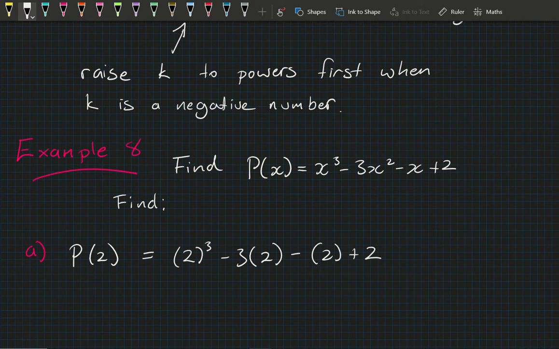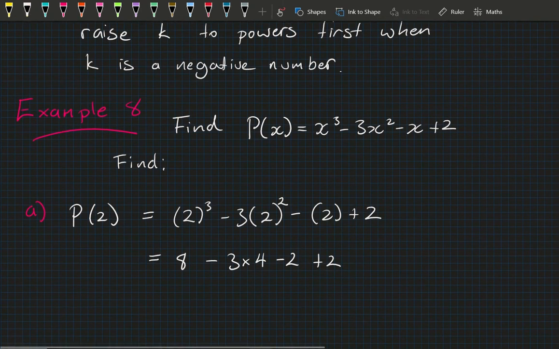So we've now got 8 minus 3 times 4 and a minus 2 and a plus 2. And in case you're confused, that's a 4 because I should have written 2 squared, the same as the x squared in the question. So 3 times 4 is 12 and minus 2 plus 2 is 0. So we're left with 8 minus 12, which is minus 4.